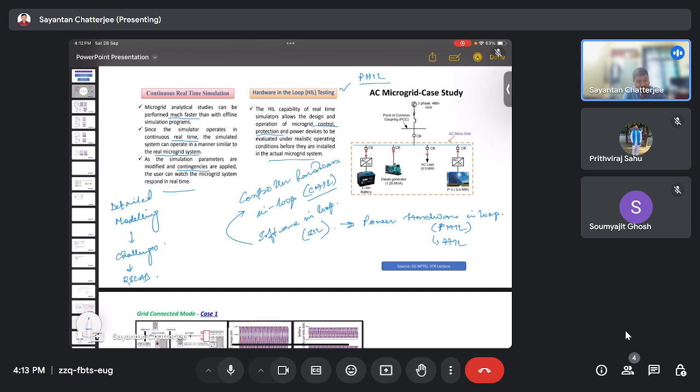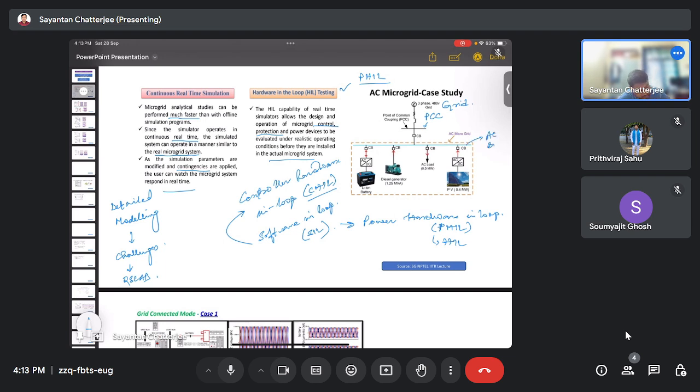In an AC microgrid, we all know that we will have a grid side. This is the grid side, and this is the point of common coupling, PCC. On the other side, we have the AC bus. This is the AC bus.